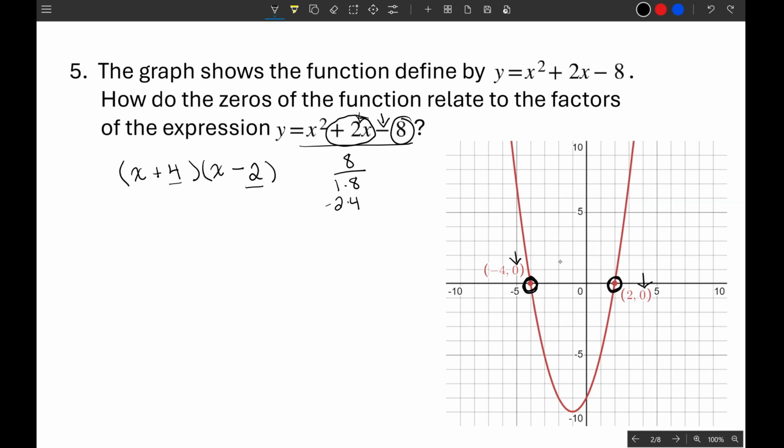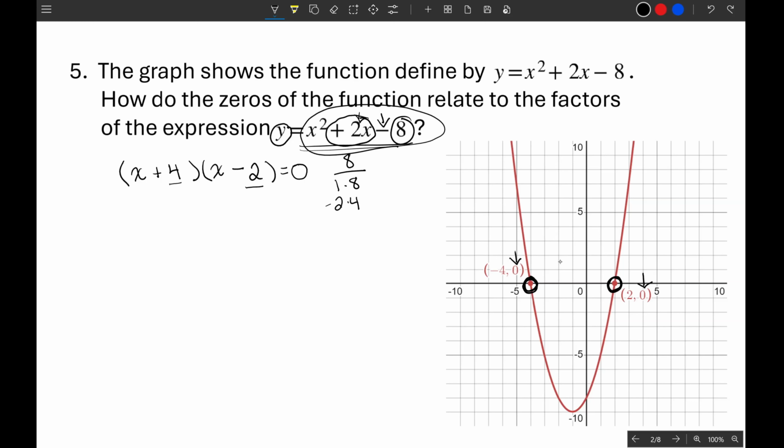That's because these are the x-intercepts. The x-intercepts are the same thing as zeros. So if I were to replace this y with 0, that means this whole factored equation, which is the same thing as this just in factored form, would equal a y value of 0. And then I could solve this.